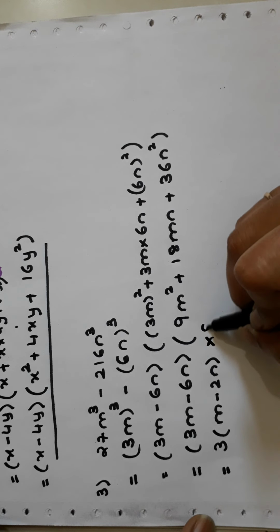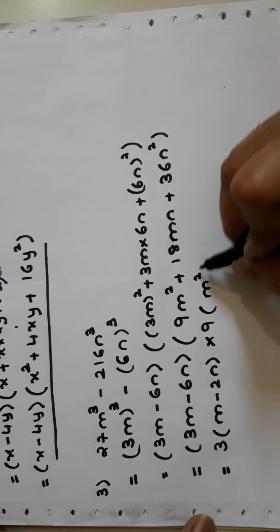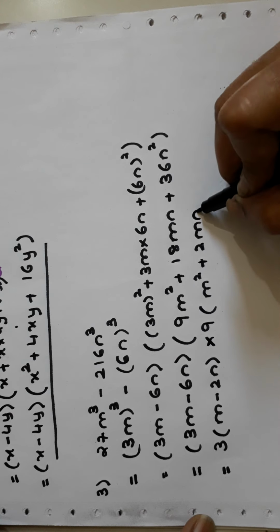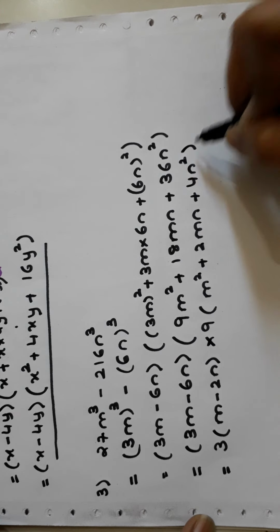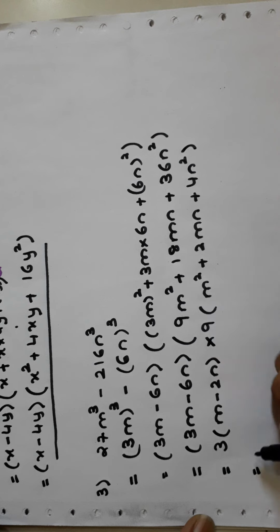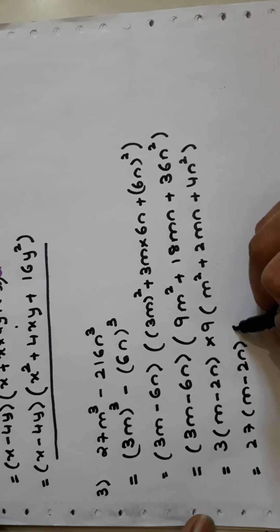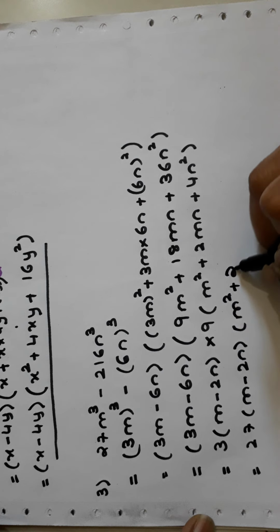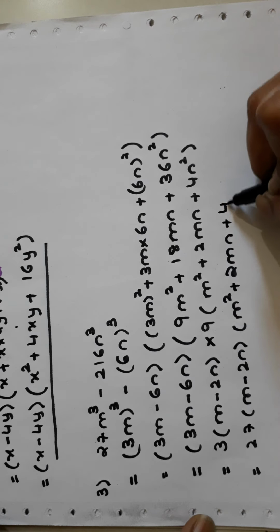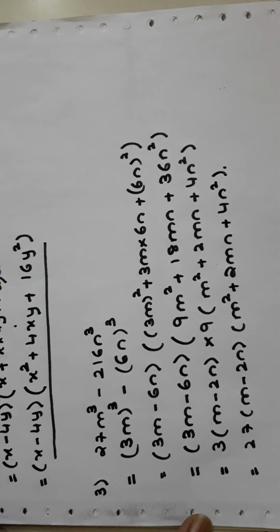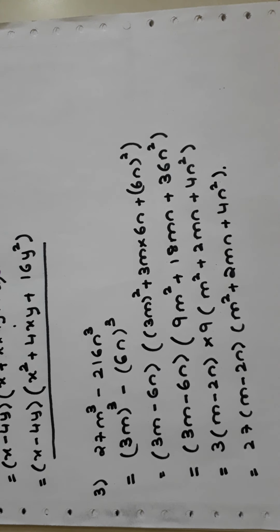So take 9 common. m square plus 2mn plus 4n square. 3 nines are 27. m minus 2n, m square plus 2mn plus 4n square. So the factors of 27m cube minus 216n cube are 27, m minus 2n and m square plus 2mn plus 4n square.